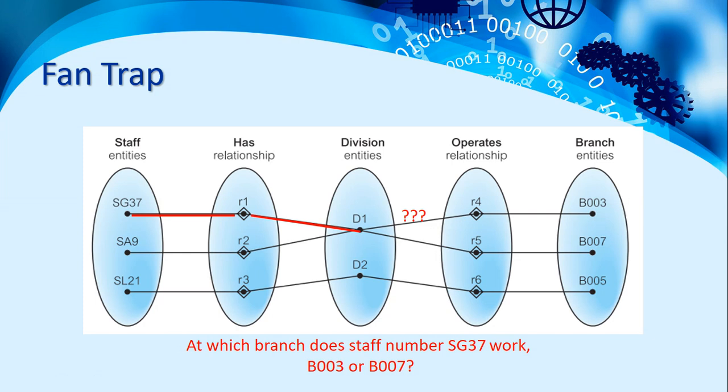Because of the difficulty in answering this question, we actually created a so-called fan trap. This is associated with the misrepresentation of the correct relationship between the staff, division, and branch entities. In other words, you made a mistake in interpreting the relationships between these three entities.